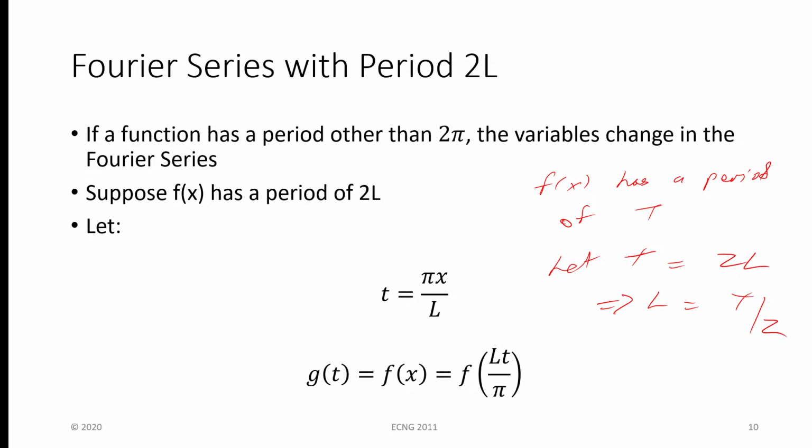And that's how we end up getting L equal to T on 2. Because we're just basically saying the period, instead of it being capital T here, it's now going to be a period of 2L. So we just say T is equal to 2L, and we just manipulate it such that we get L as the subject of the formula.